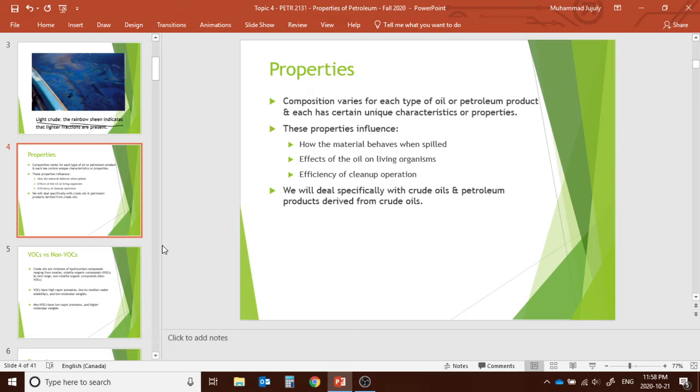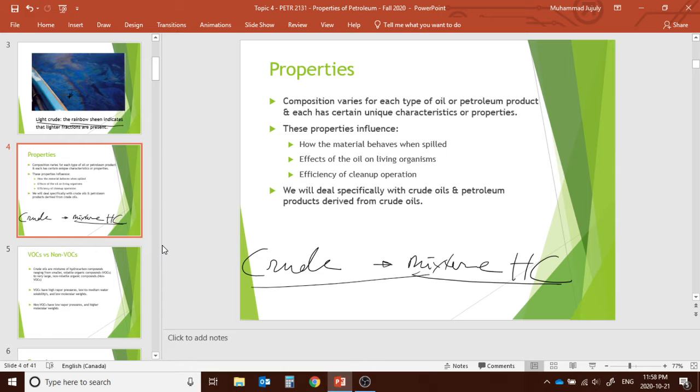Properties and composition: as you know, crude oil is a generic term for a mixture of different hydrocarbons. There are lots of different types of hydrocarbons in here, from C1 to C20, and also aromatics, plus other types of hydrocarbons.